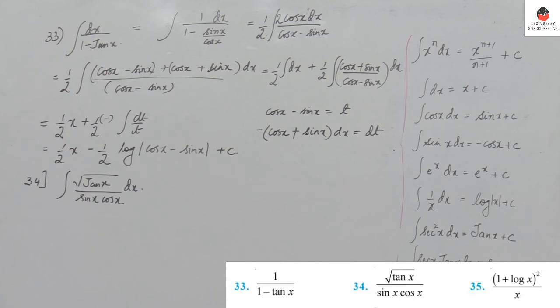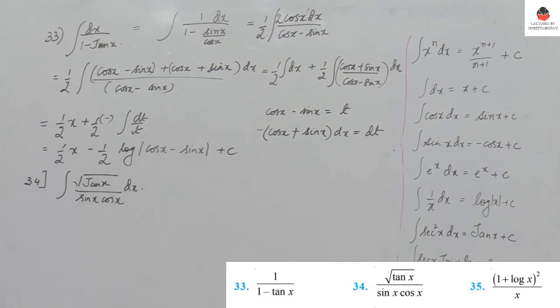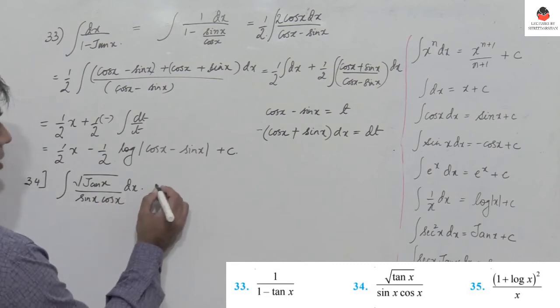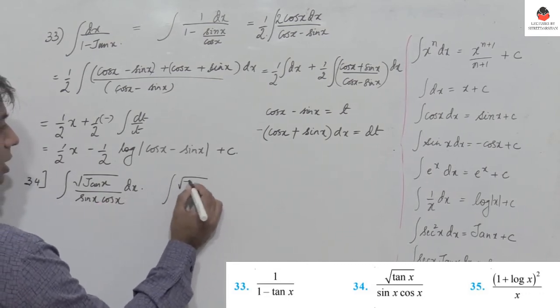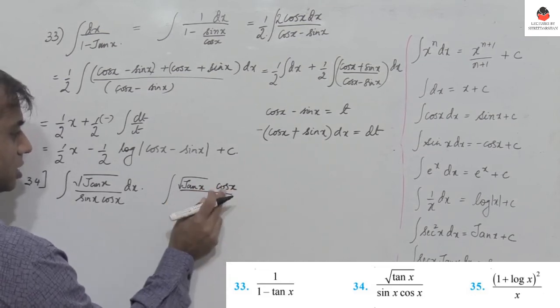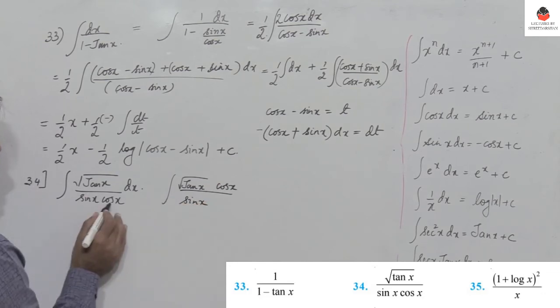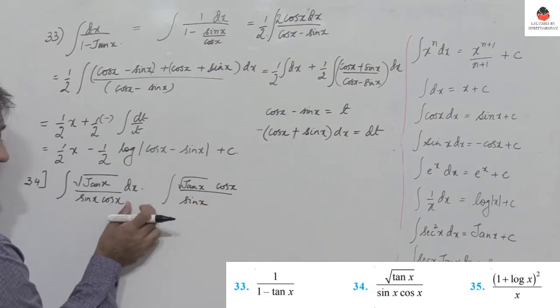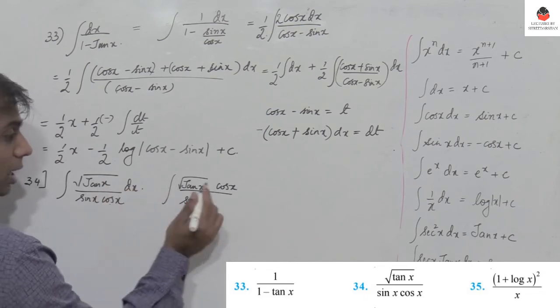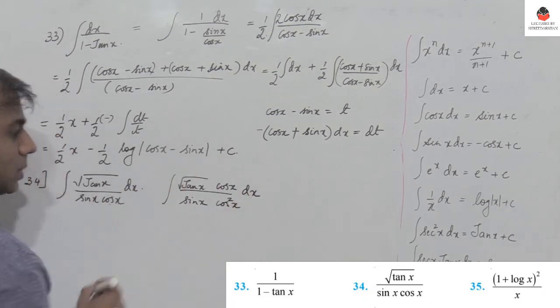Now you have the integral of root of tan x divided by sin x cos x in the denominator. Now we know that the differential of tan x is secant squared x. So what I'll do is, let me multiply and divide by cos x. In the denominator you have sin x cos x, and again I have to multiply cos x here. So cos squared x is what I get in the denominator.